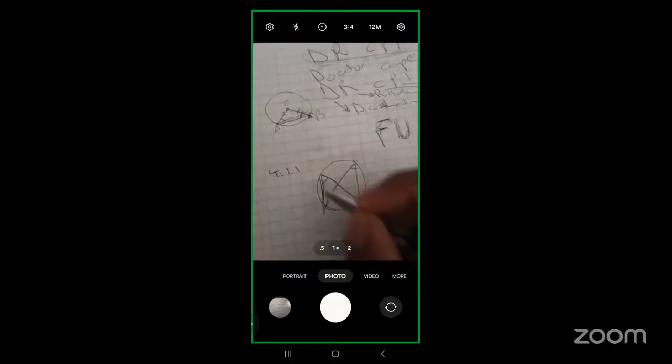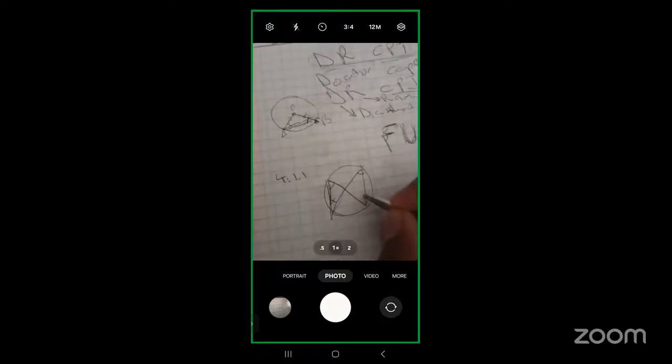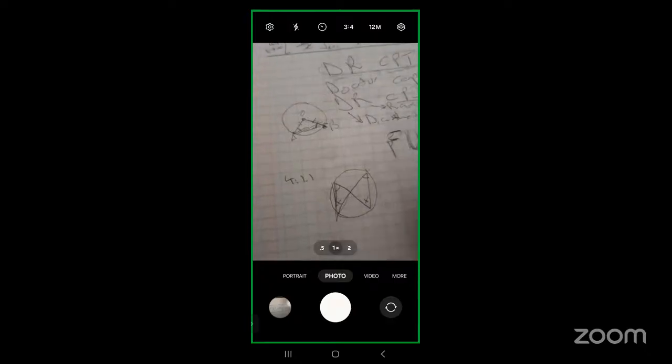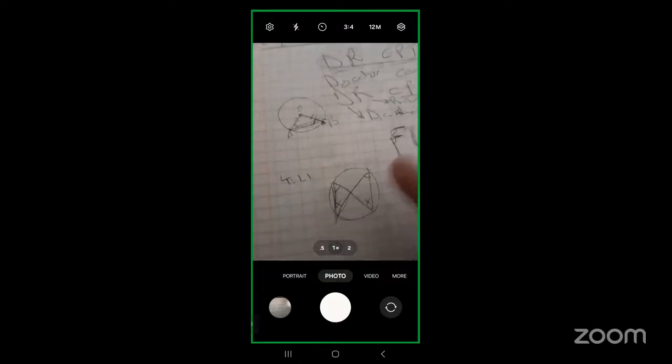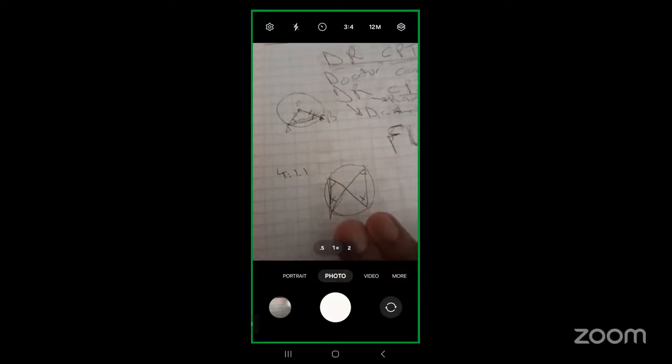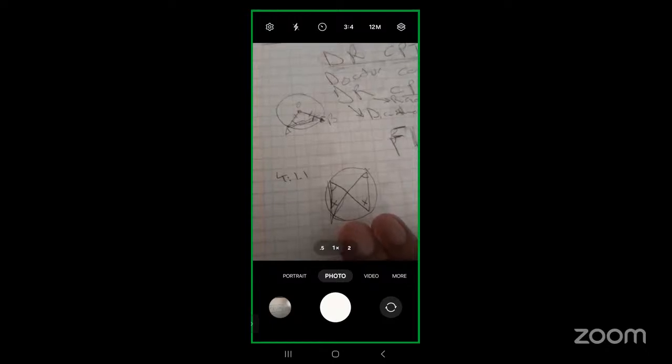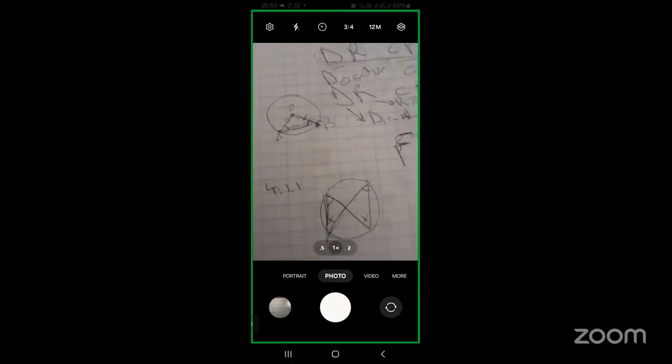Also, this angle is equal to this angle, angles in the same segment, or angles subtended by the same chord. Do you understand this? Yeah, that part I understand, sir. My confusion is the calculations. Okay.